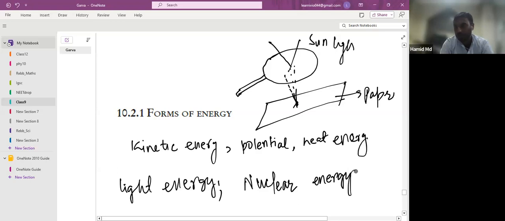You never heard about a nuclear power plant? Okay. Iran is always in the news for its uranium enrichment. So by enriching the uranium, we get nuclear energy, and that's a huge amount of energy.